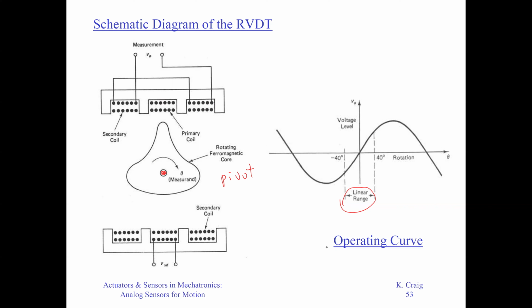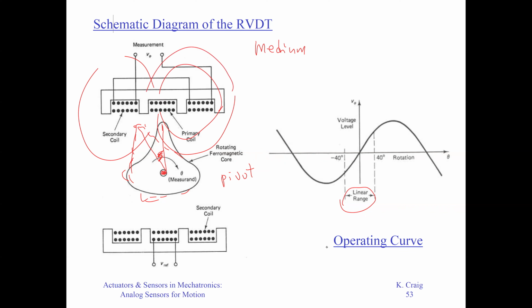While you rotate, say for example, you rotate in here, this is the angle you rotate. When you rotate, the media inside this magnetic circuit will experience different reluctance.